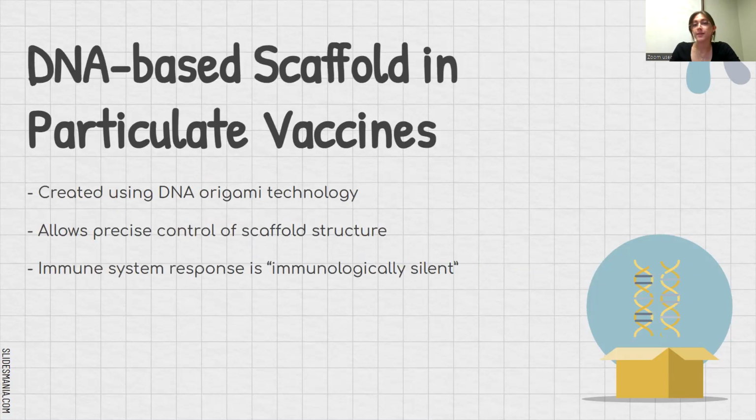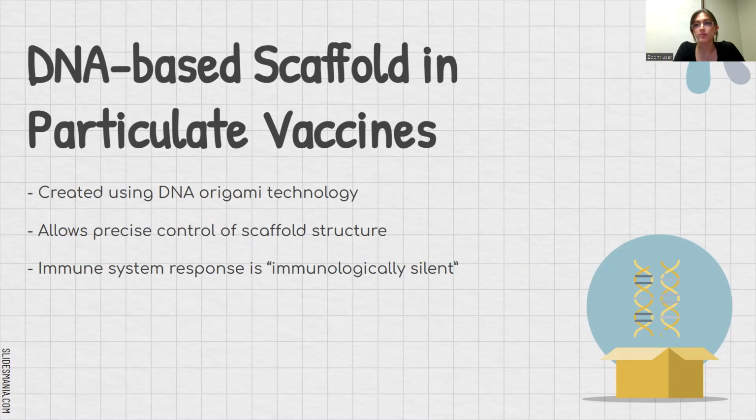But DNA-based scaffolds in particulate vaccines are something new that can maybe avoid this. So basically, researchers have been creating DNA-based scaffolds using DNA origami technology, which allows them to control the structure of the scaffold and attach different molecules to any specific location on the surface of the scaffold.